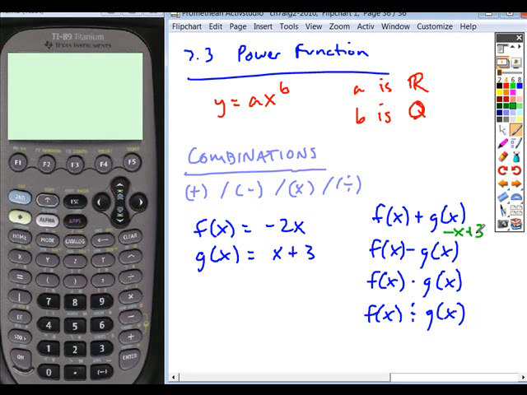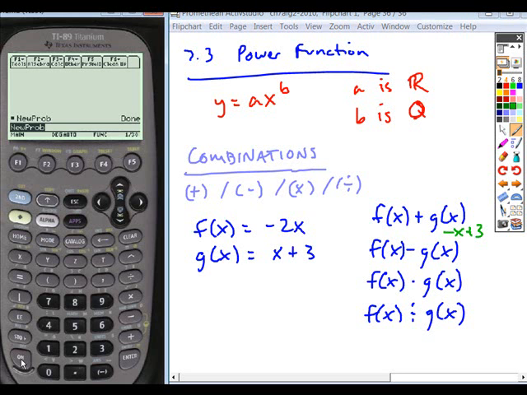Now, if you're asked to perform multiple combinations on the same set of functions, it might be easier to enter this in your calculators. There are a number of different ways to approach this. One, you could plug these in at y1 and y2.